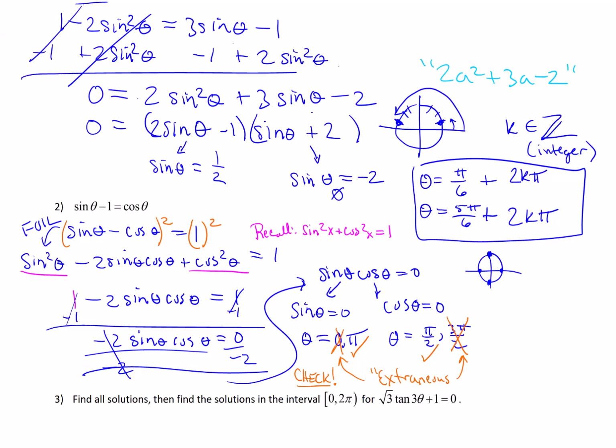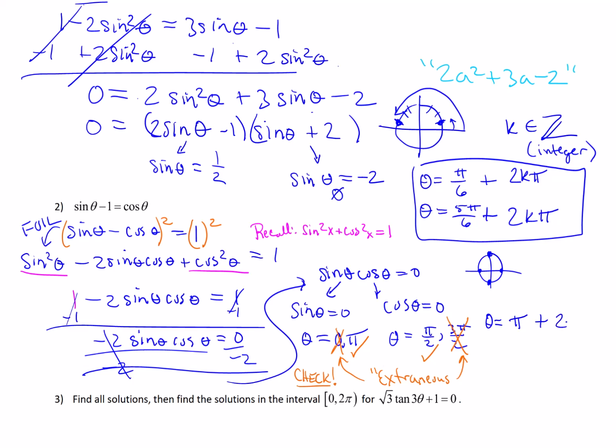for our solution. So we'll write our solution in its infinite form with the k and all that stuff without those. So we're going to say our solution here is theta equals pi. I'm just picking on the first one I wrote, left to right. You could pick either one first. Pi plus, now if we're looking at this original equation with sine and cosine, notice the period of those is each 2 pi.